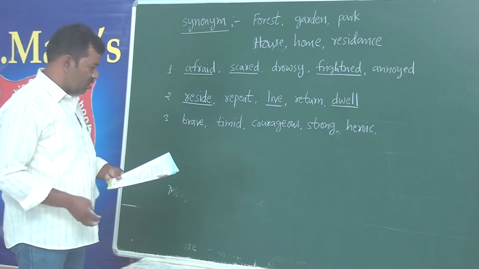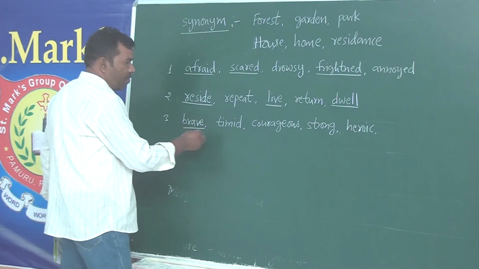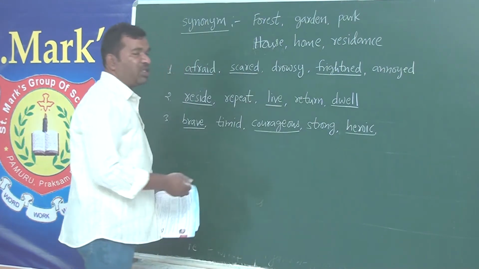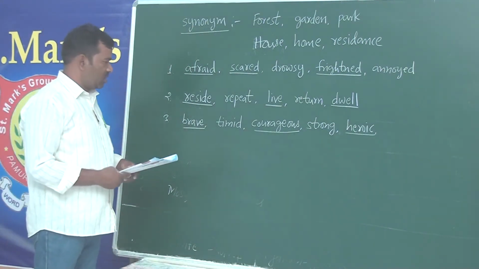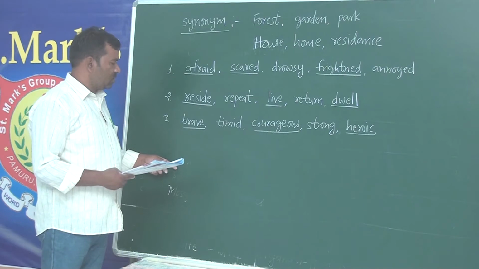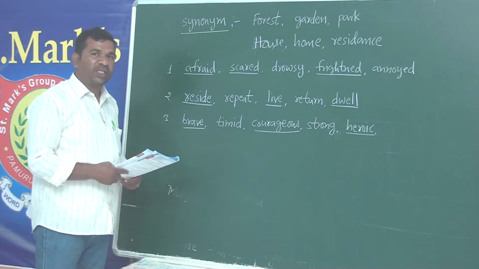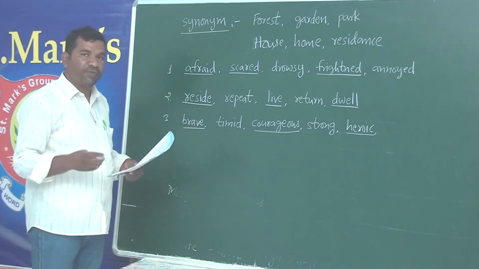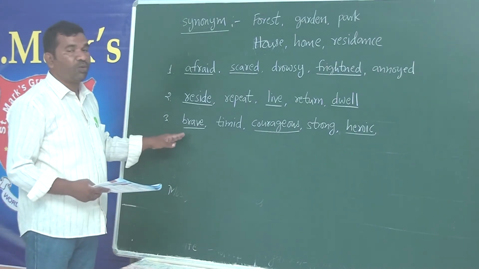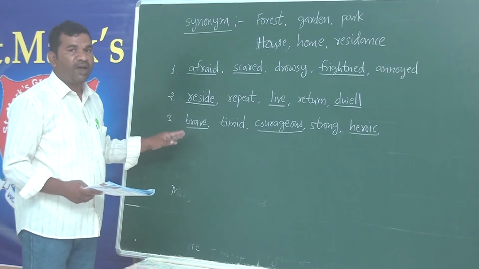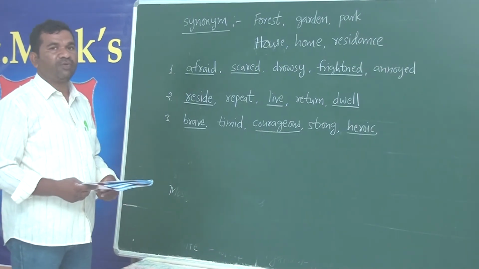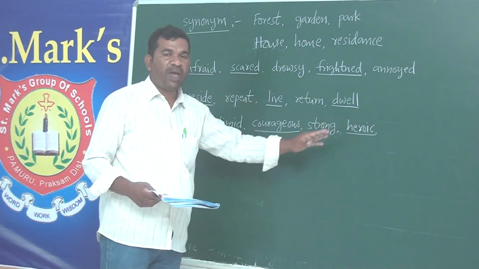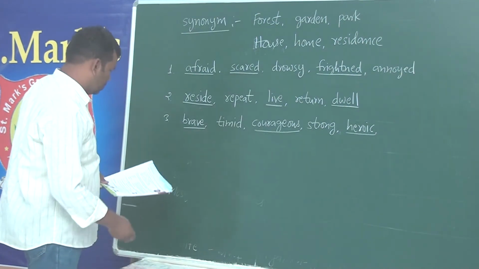The three are brave, courageous, and heroic. What is the meaning of brave? Brave means ready to face any kind of challenge. The one who is always ready to face challenges is called brave. Understand? They never hesitate to face any kind of challenge. So therefore, brave, courageous, and heroic make the same meaning.